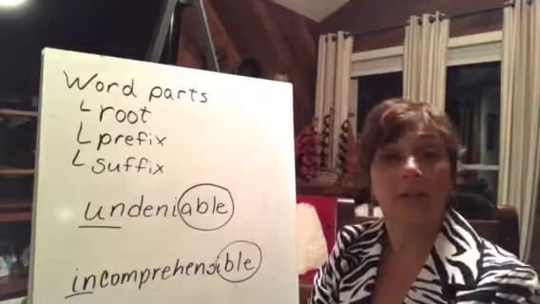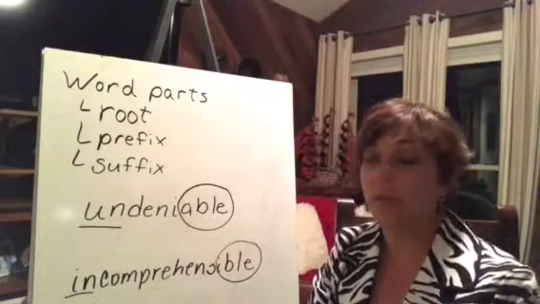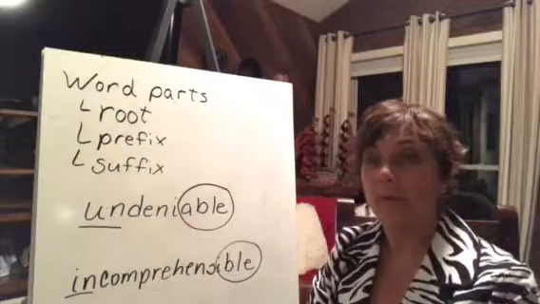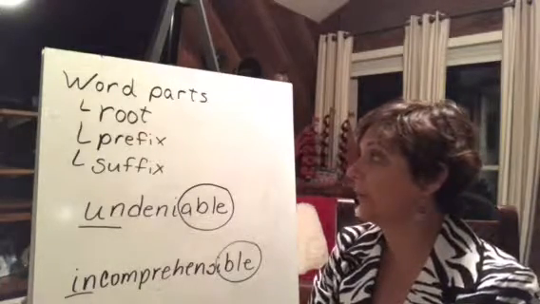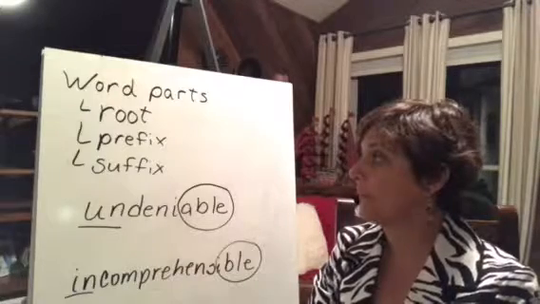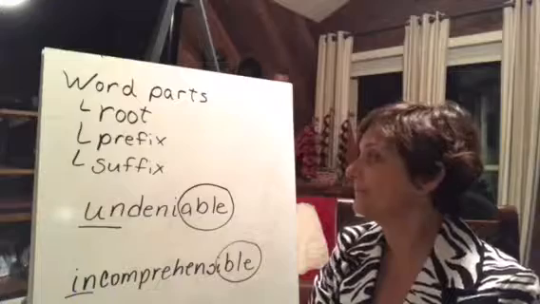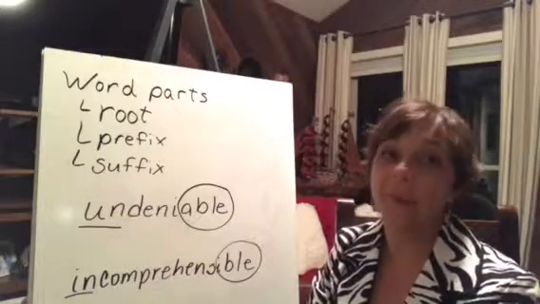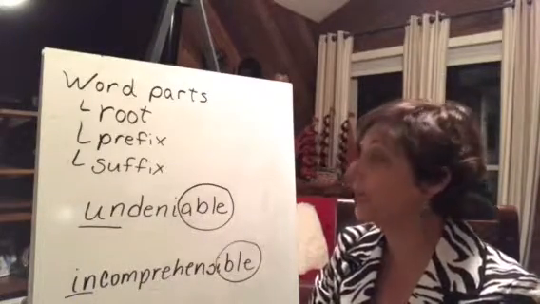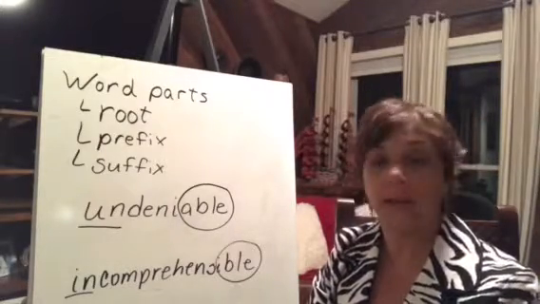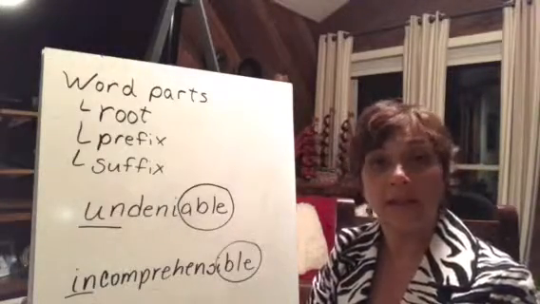But word parts include the root. Most words have a root word, usually a Greek word. I just went blank. But most words have a root word, a prefix, and a suffix. A prefix will come at the beginning of the word and a suffix at the end.